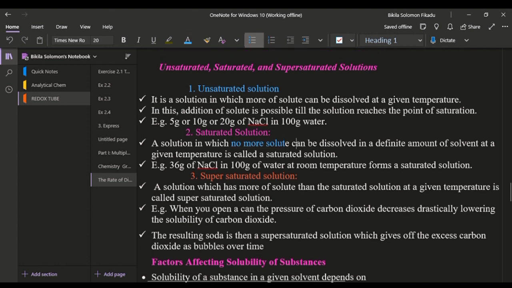But in case of unsaturated, more of solute is dissolved. So this is the difference between unsaturated and the saturated solution. So for example 36 gram of sodium chloride in 100 gram of water. So as keessatti immoo giraamii 36 sodium chloride 100 giraamii bishaan keessatti gaafa dissolve ta'u jechuudha.